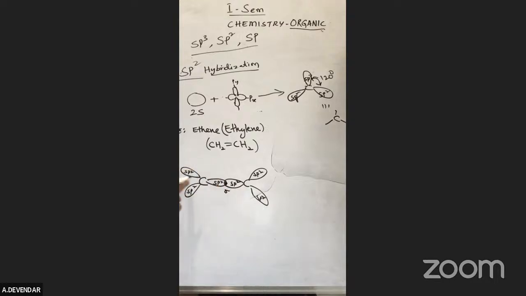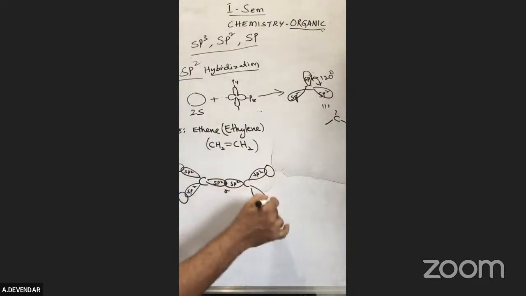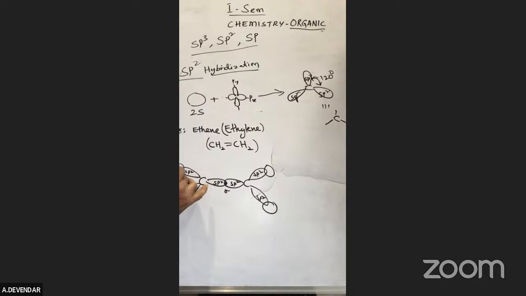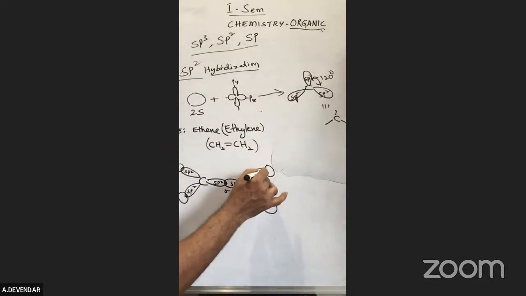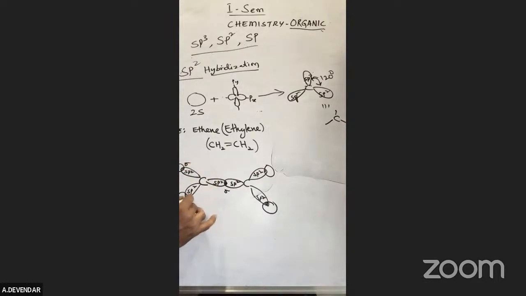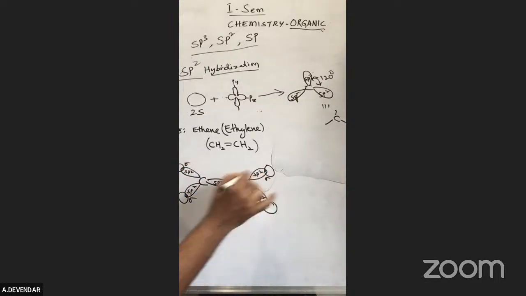Now, on each carbon atom, two sp2 hybrids are present, and those overlap with the two hydrogen atoms. Each carbon has two hydrogen atoms. Those are spherical orbitals, and head-on head overlapping takes place. Again you have sigma bonds here also. Is it finished? Not yet.